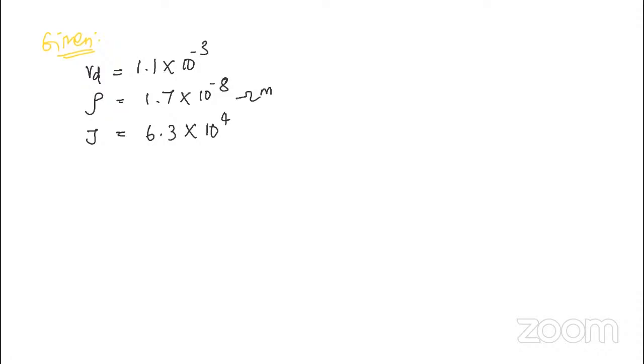So first write down the formula. What is the formula for mobility? It is mu is equal to Vd divided by E, right? So the E value they are not given. So we have to convert it into J and rho.